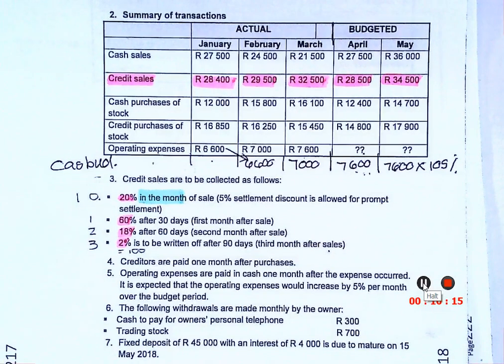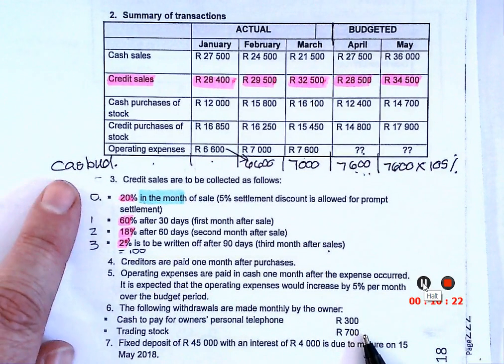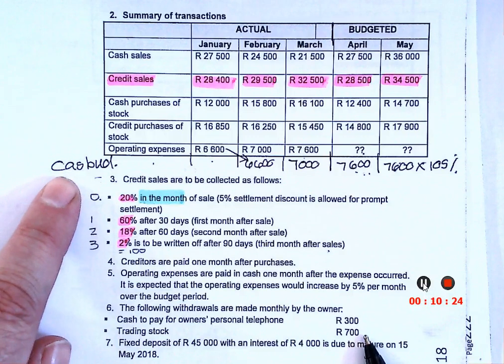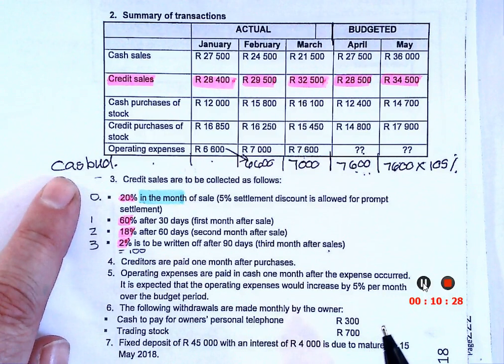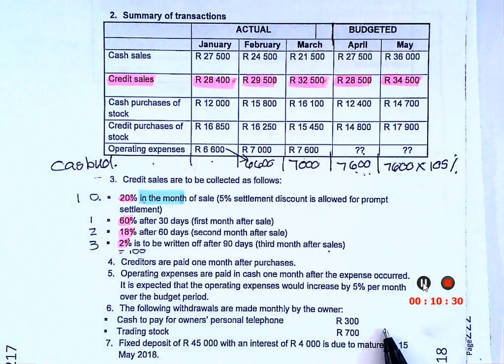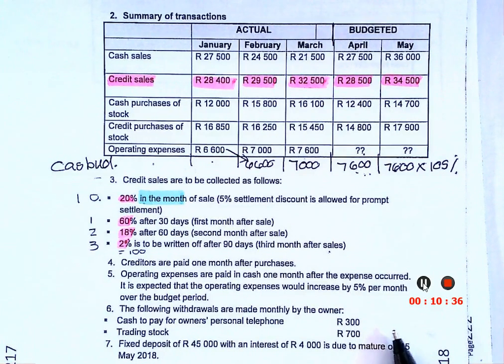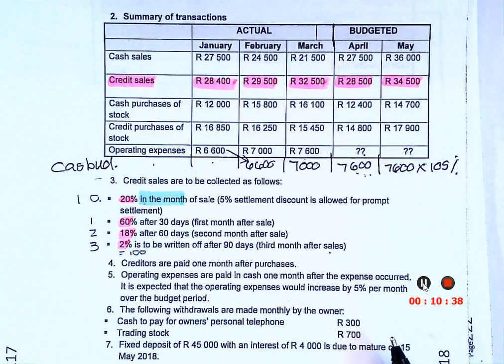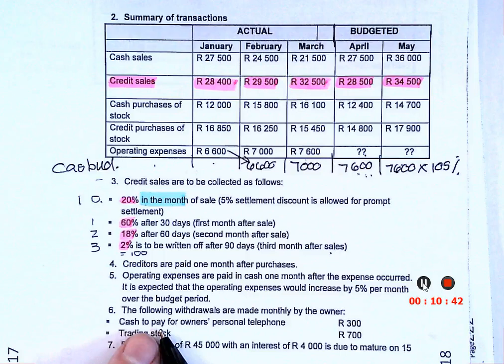Okay, so she's asking about the cash and the trading stock. Remember, I'm asking you to do a cash budget. So in your mind's eye, just think, is this something I can go to the bank to put inside my bank account? Or is this something that I can go to the bank to and withdraw from my bank account? So if you look there, is cash something I can do in the bank?